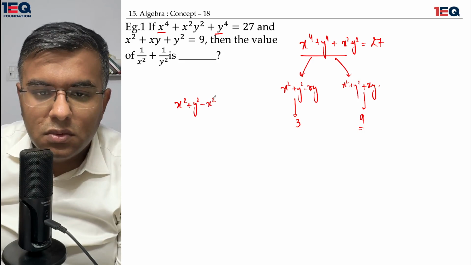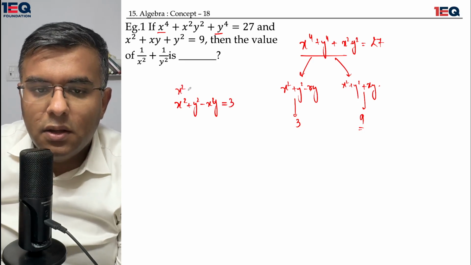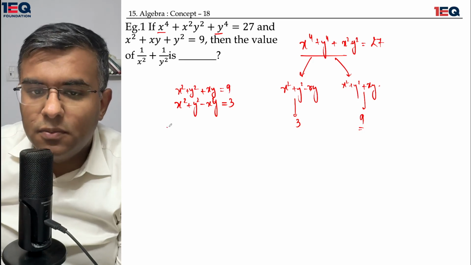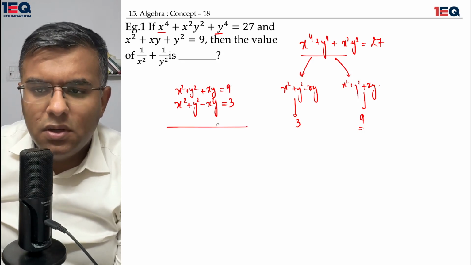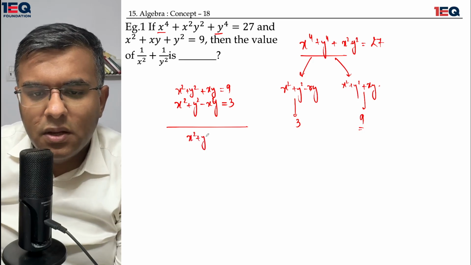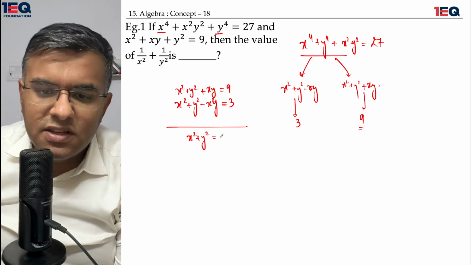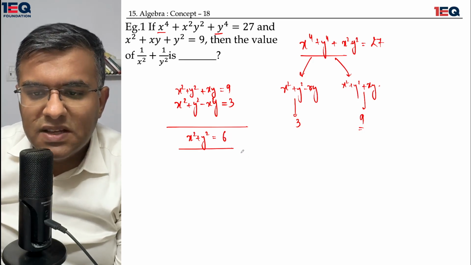With x square plus y square minus xy being equal to 3 and x square plus y square plus xy being equal to 9, I can easily add things up. When I add it up, I get the value of x square plus y square. There is a 2 involved as well: 9 plus 3 is 12, 12 by 2 is 6. So x square plus y square is equal to 6.